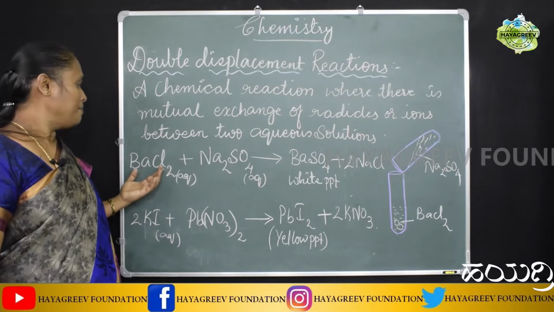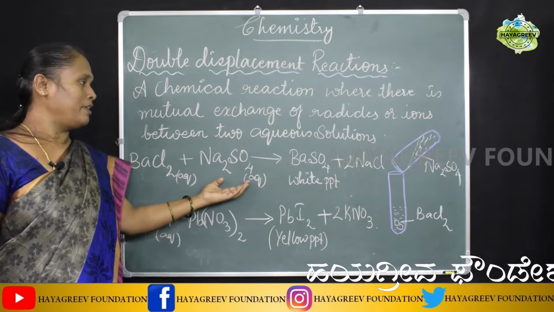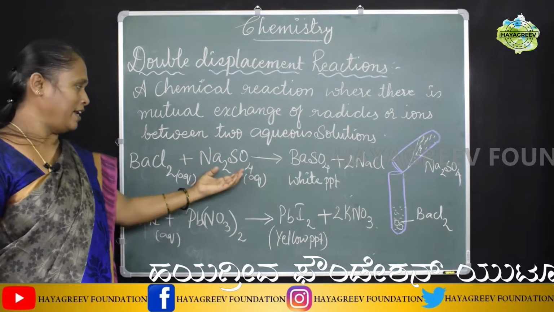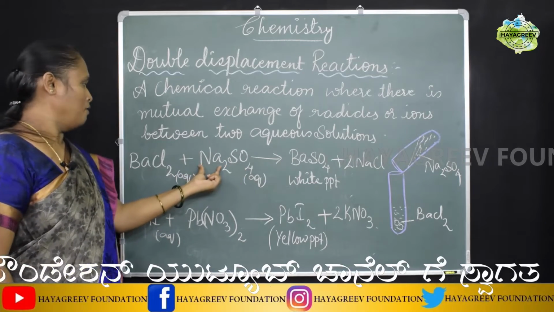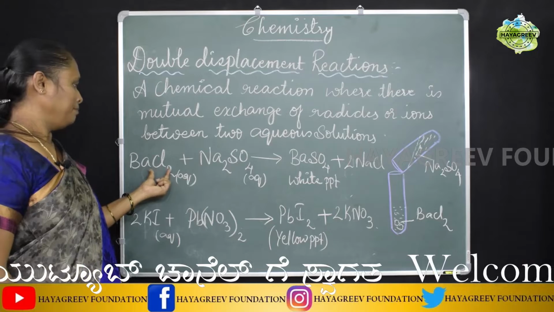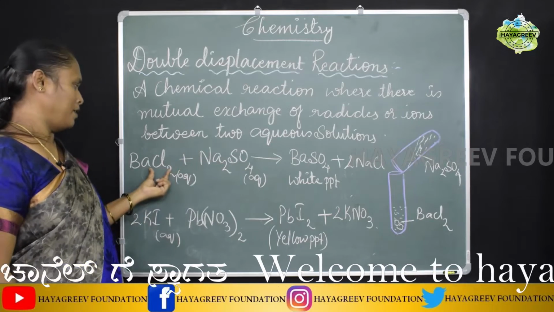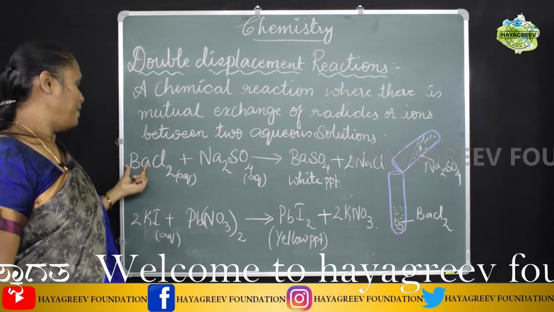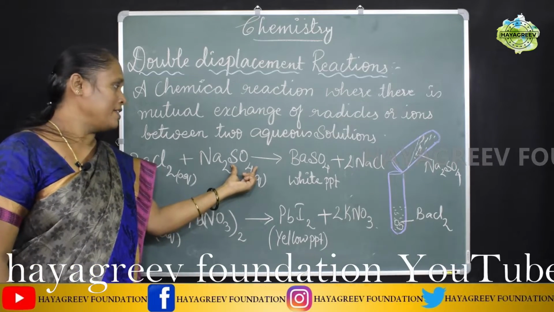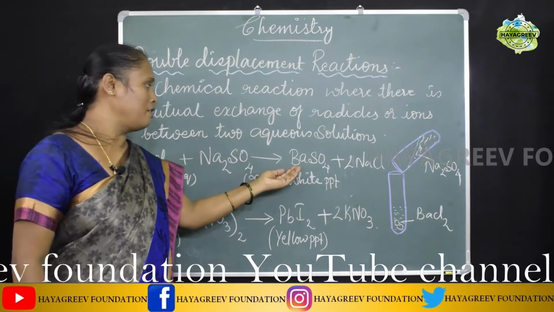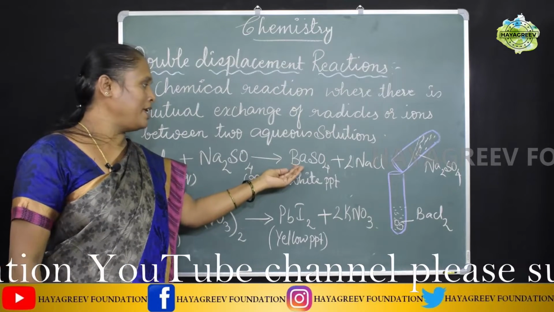You can see that when barium chloride reacts with sodium sulfate, there is an exchange of ions or radicals. Sodium takes up chlorine from barium chloride, and barium takes up the sulfate radical from sodium sulfate, resulting in the formation of barium sulfate, BaSO4.